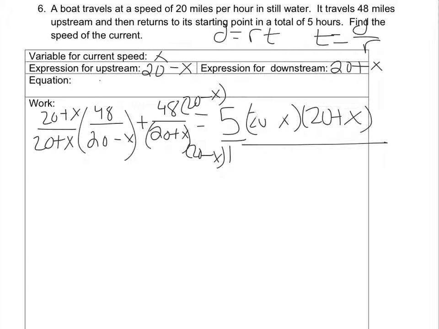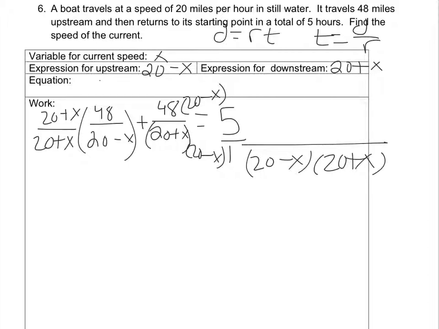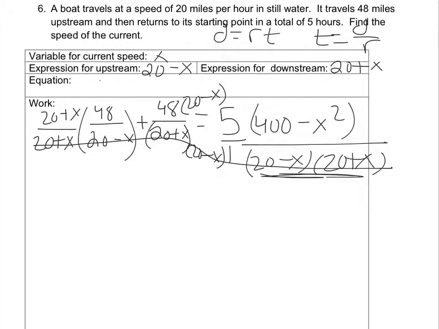And actually what I'm going to do here is the bottom I'm going to make 20 minus x, 20 plus x, because now they're all the same, so I can get rid of it. But the top, it's going to be 400 minus x squared. That's just what these multiplied together are.